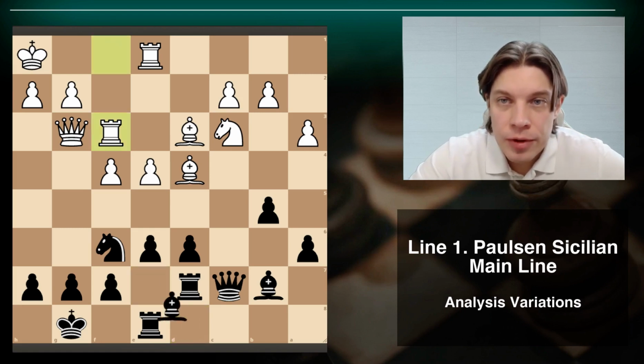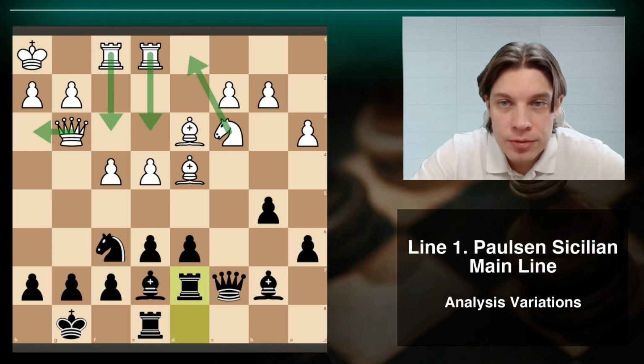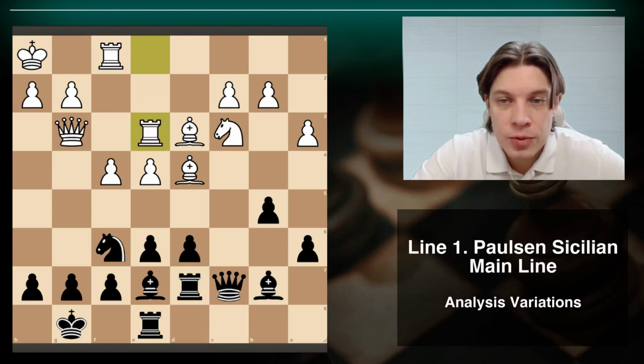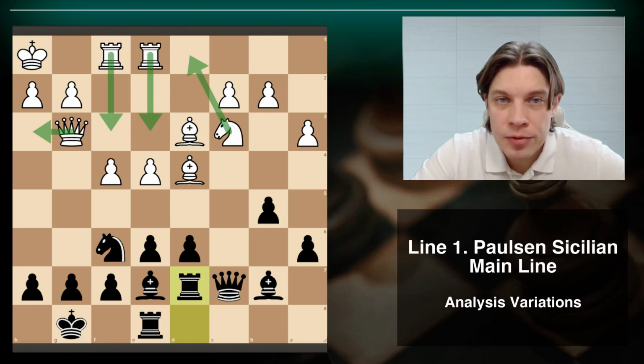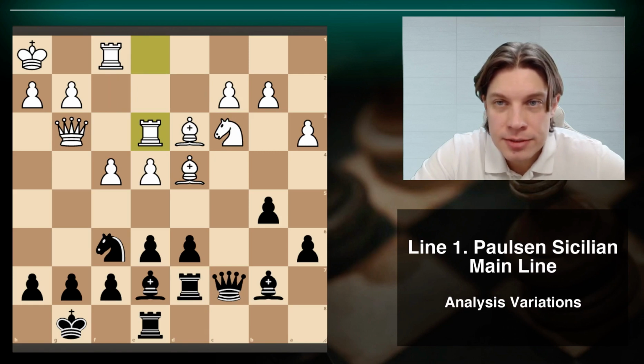So the line of rook f3 was already covered. Let's now stick to the main line, which is rook e3. However, I can say that actually rook f3 and rook e3 are approximately similar, and they both can be considered as main lines.